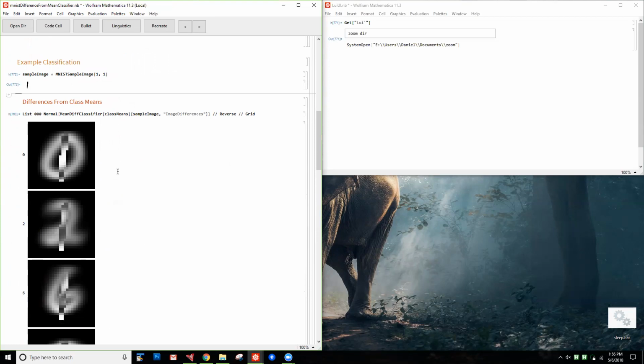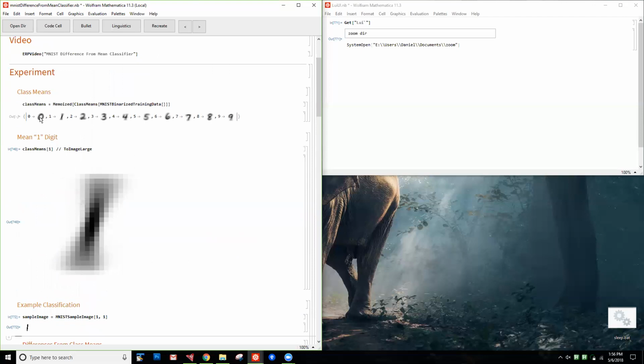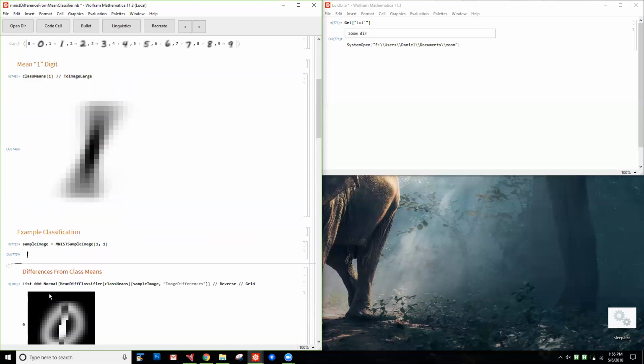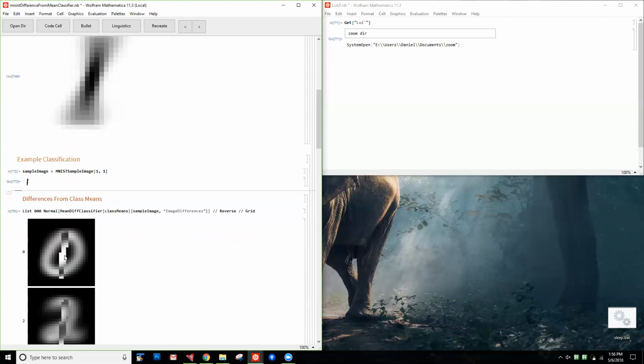So what we're doing here is, in this first image, we're taking this average 0 and this particular 1, and anywhere that the pixel intensities aren't exactly the same will have some intensity of white to it. So all this black here are pixels that were exactly the same color in both images, no difference.